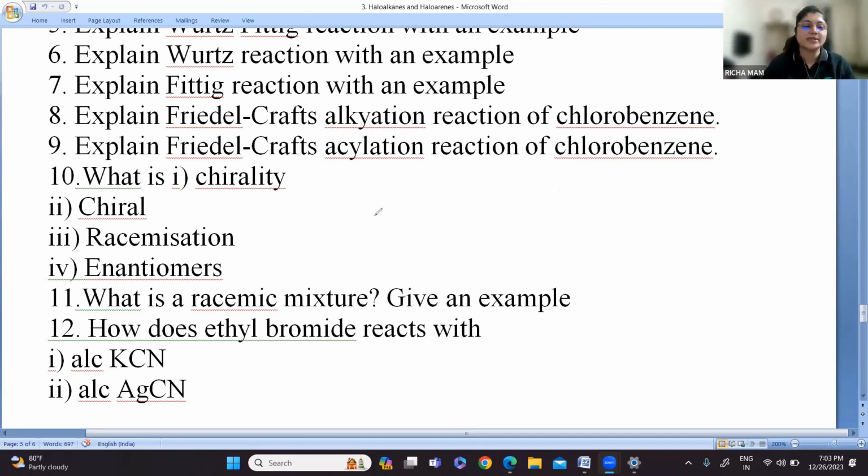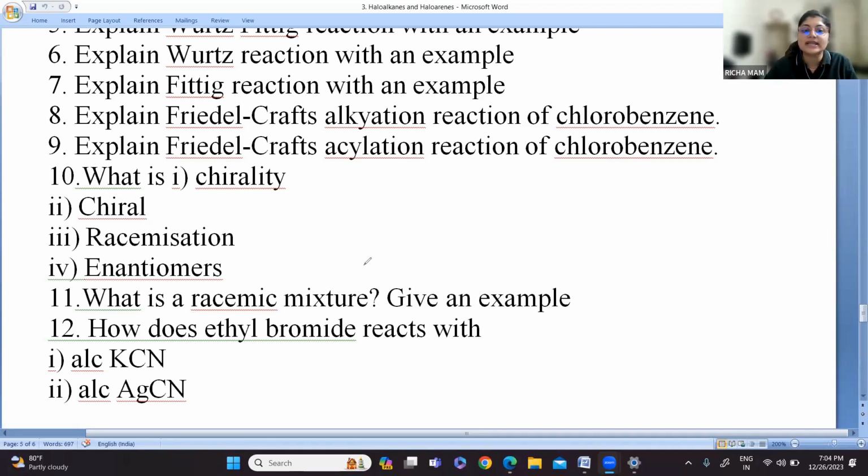These are stereoisomers which are non-superimposable mirror images of each other. I'll repeat one more time. The optically active isomers which are non-superimposable mirror images of each other are called enantiomers.